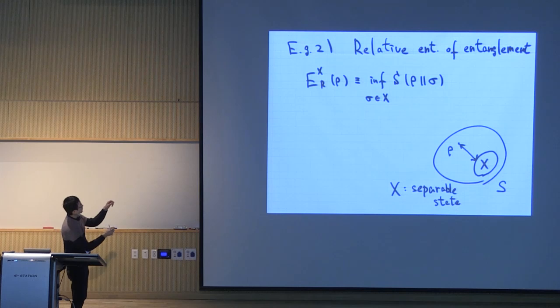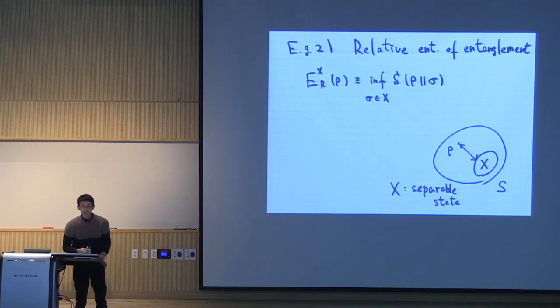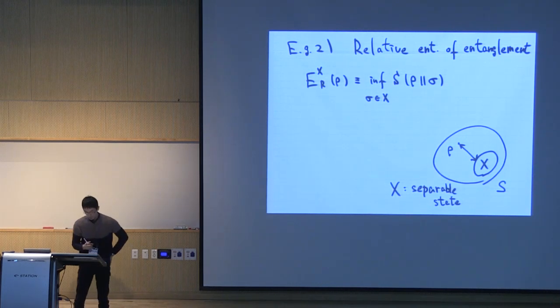So you take the minimum distance between the entangled state and the closest separable states. This is a very natural definition of an entanglement measure, and it is also known that it satisfies all the axioms of an entanglement measure.